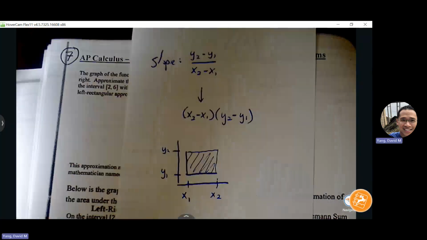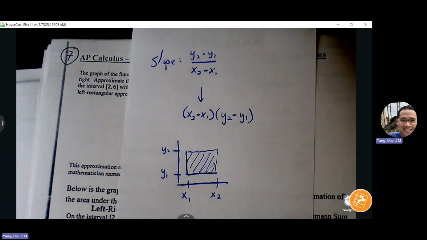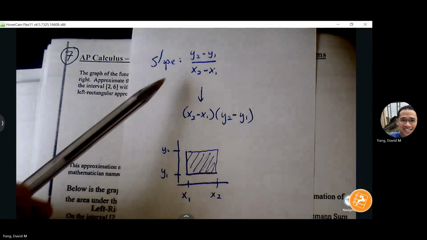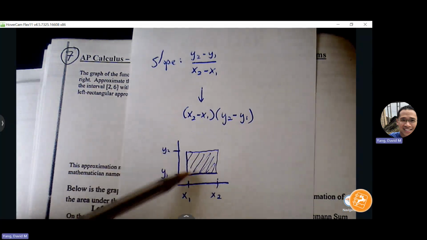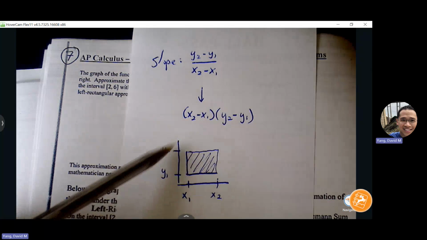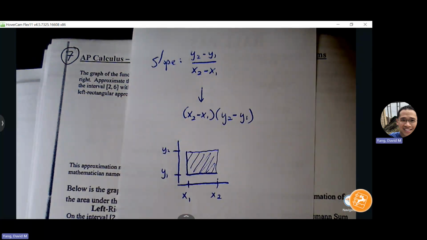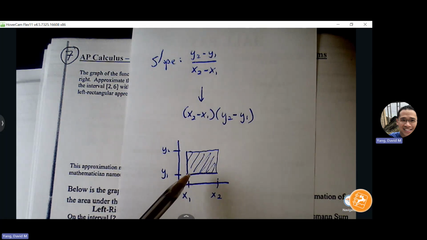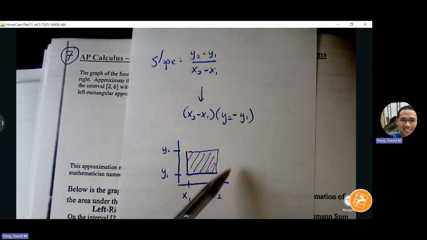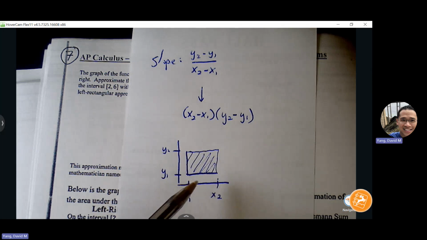So if I want to undo the slope process, I can go through this area procedure. So that's why when we talk about antiderivatives and we talk about how we want to undo the process of derivatives, this is what's going to end up happening. It's going to be this area calculation that we're doing.